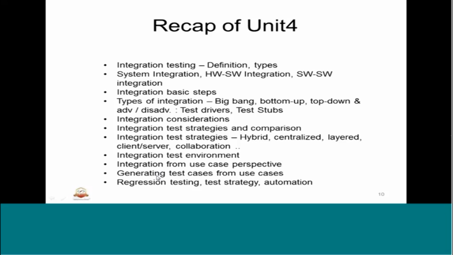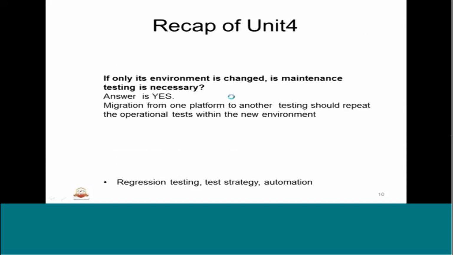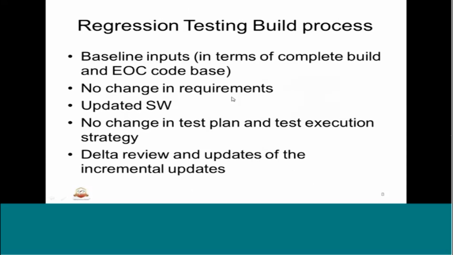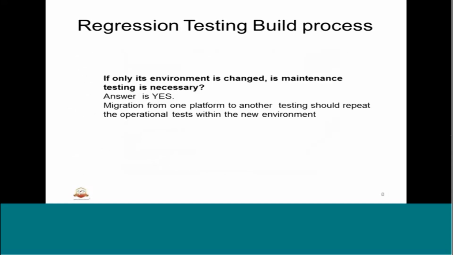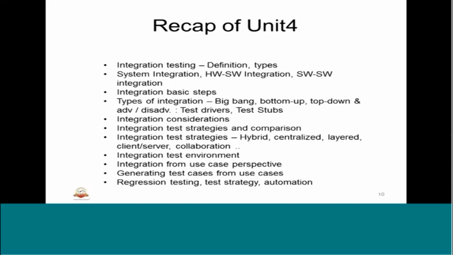And in the end, we studied regression testing, test strategy, the importance of automation, and the last one being test maintenance and the regression test build process. So all this we studied in unit 4.